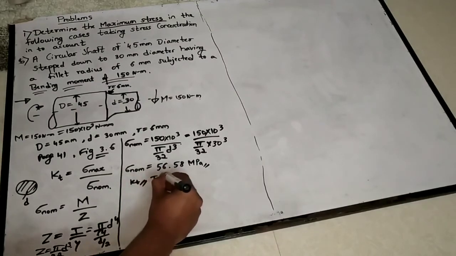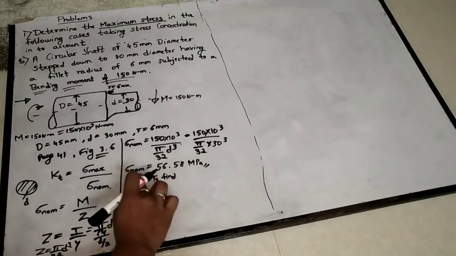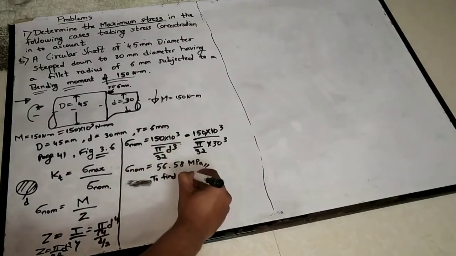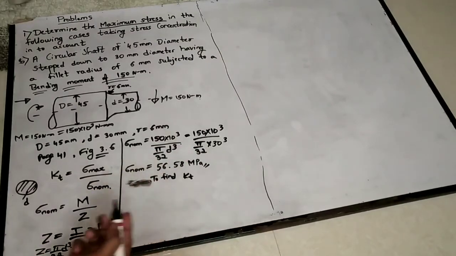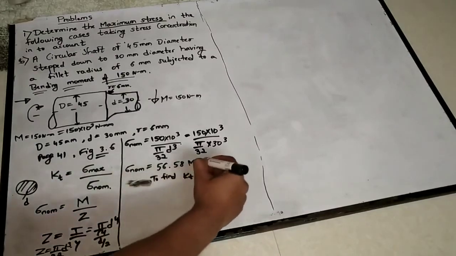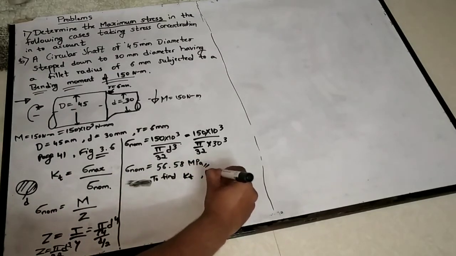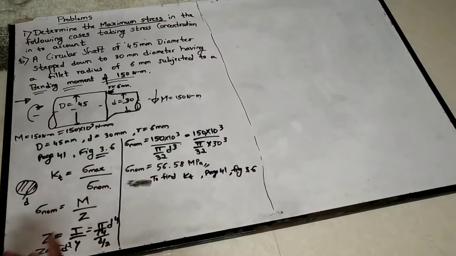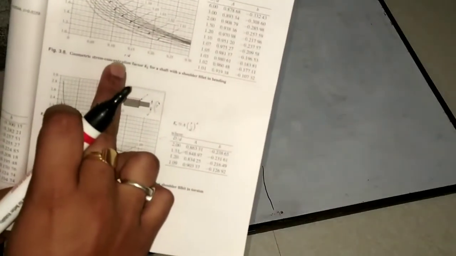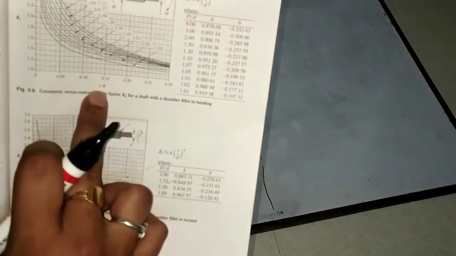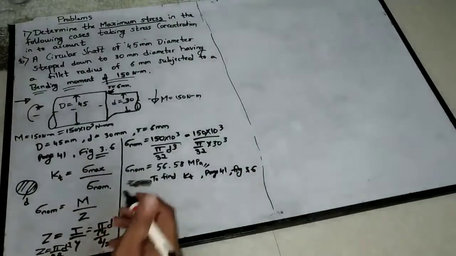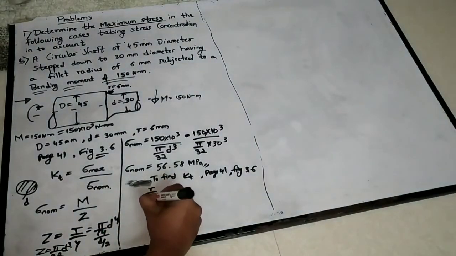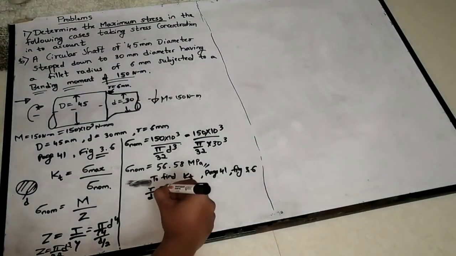To find Kt, stress concentration, go to page 41, figure 3.6. Now in that, along the horizontal you have the small r by d ratio. Small r by d ratio, what is that?